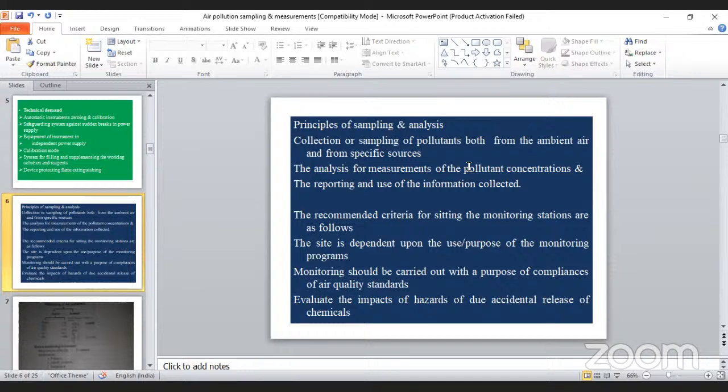For example, take the place Delhi, from 1995 to 2002, something like that. Up to 2000, the concentrations of sulfur dioxide, particulate matter, even lead, benzene, many chemicals were beyond the limit.